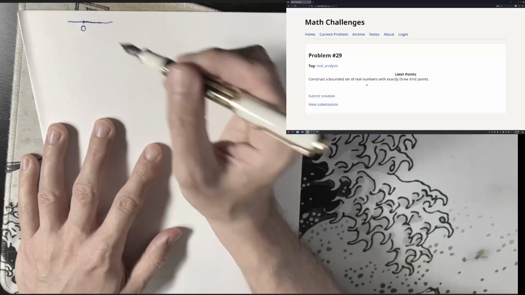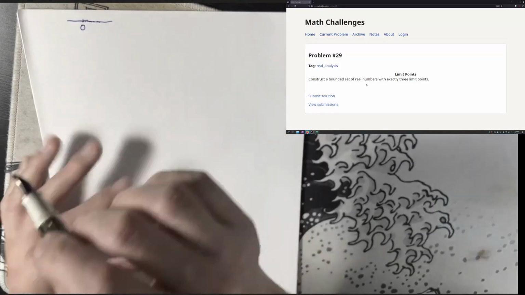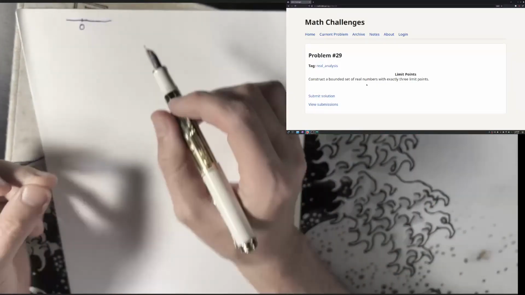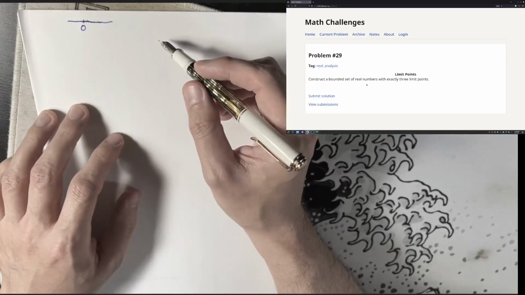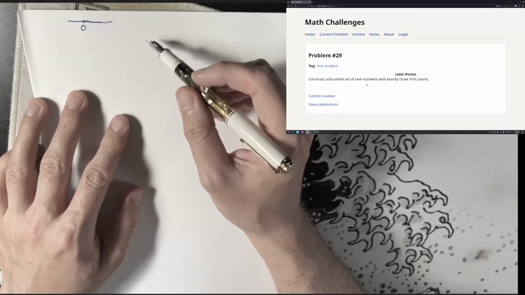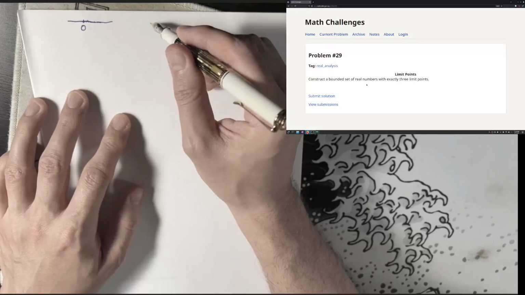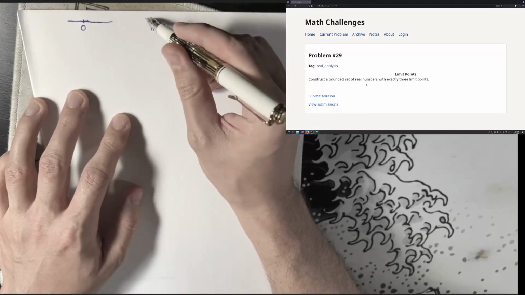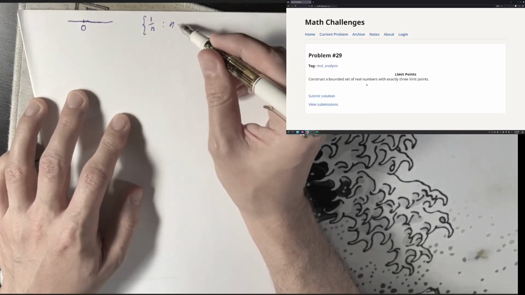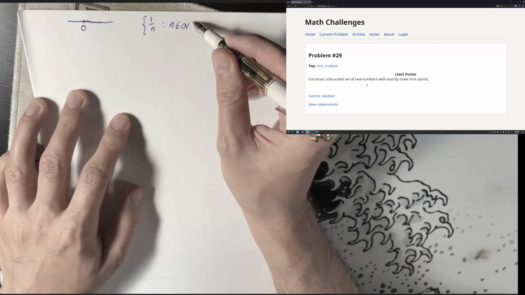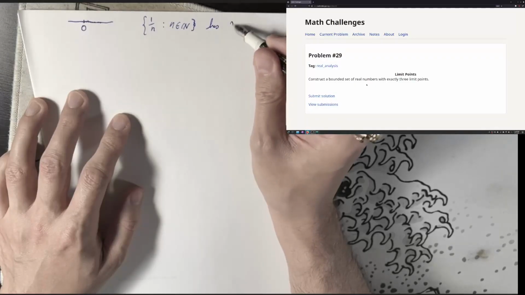I'm usually picturing fractions, rational numbers, as the things that approach some limit. They don't have to be like this example, but that's what I'm going to go with. So first of all, take a set of numbers like this, with natural numbers for the denominator. I know that this set has 0 as a limit point.